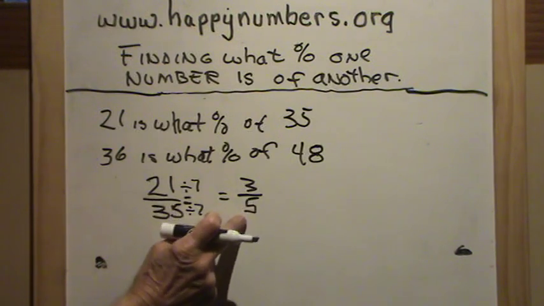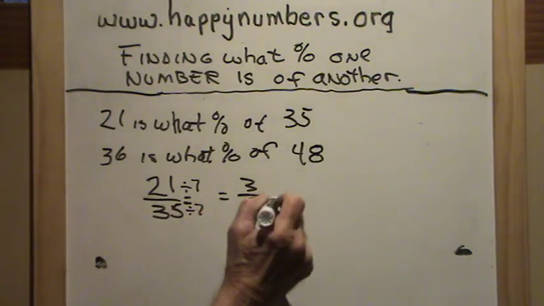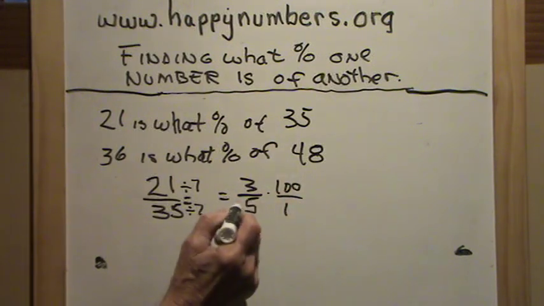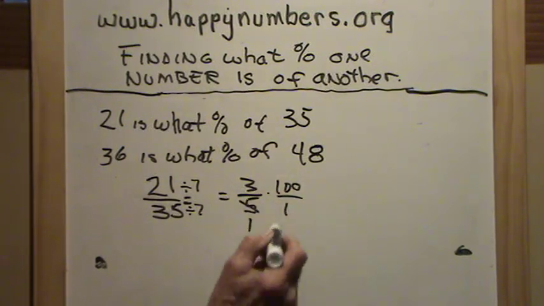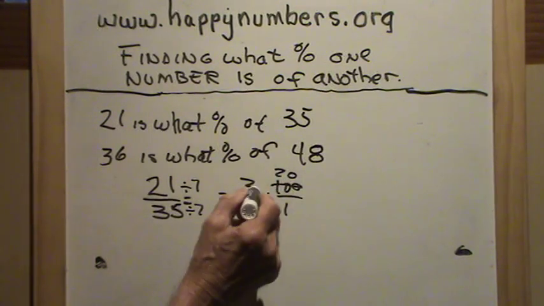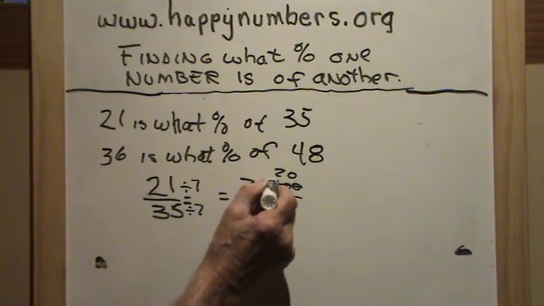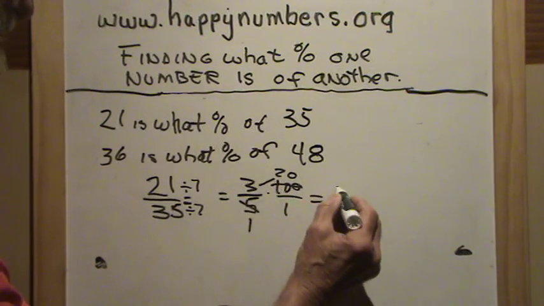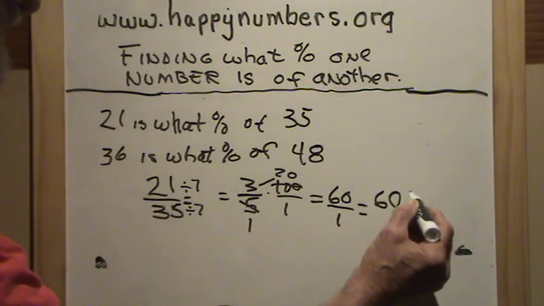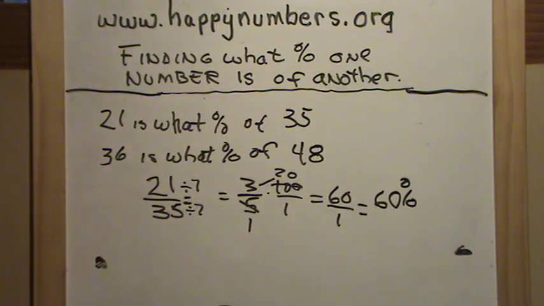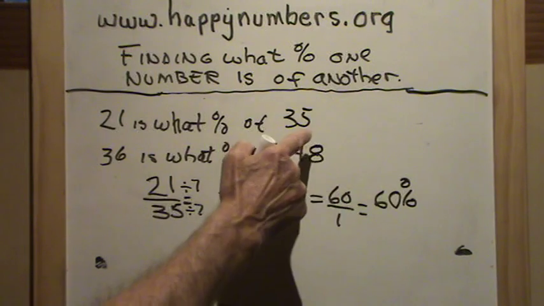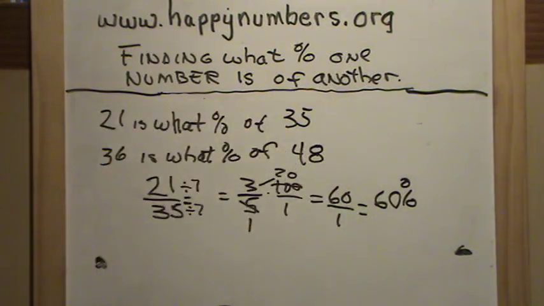And since the denominator 5 will go evenly into 100, I'm going to use the multiply by 100 method. 5 goes into 5 1 time. 5 goes into 100 20 times. I multiply. 3 times 20 gives me 60. 1 times 1 gives me 1. So I have 60, and since I'm changing it into a percent, 60%. So 21 is 60% of the number 35.